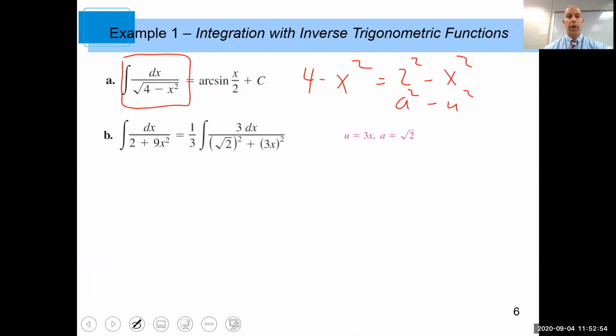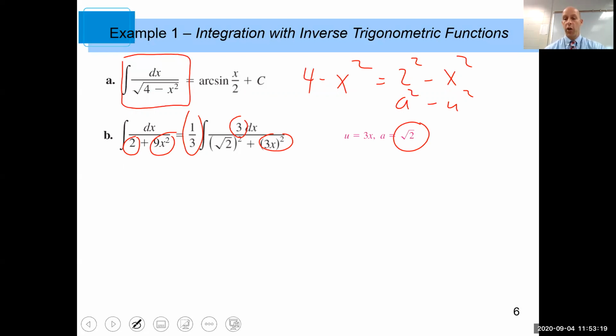All right, so here's another one. This one's going to involve arctan, but we're going to have to do a little bit of work here. So notice that our constant here is 2. When we think of something squared that gives you 2, well, that'd be root 2. And then we have to think of this as something squared. Well, that'd be 3x squared. Now notice that we have this 1/3 and this 3 on the top. So where did those come from?